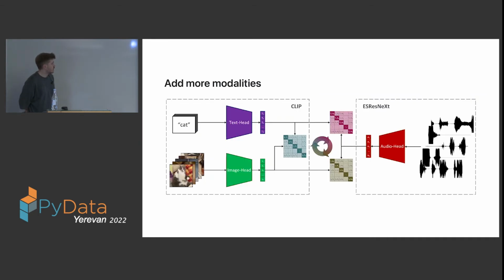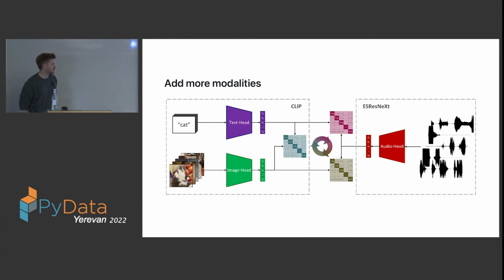Okay. What if we want to add more modalities? Actually, there is a lot of research about approaches to train multimodal models for lots of modalities like text, audio, video, images. That's one of them.